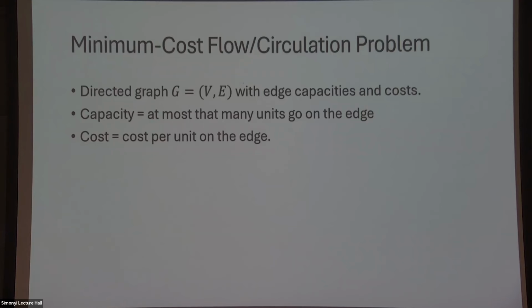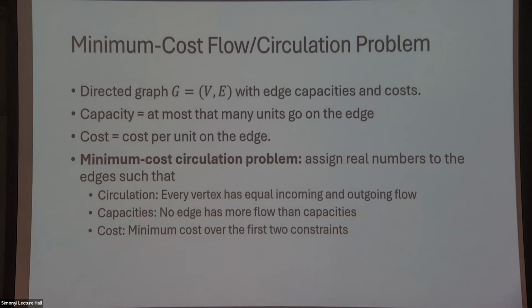Once again, you have a directed graph, and I'll explain what a minimum cost circulation is. Every edge has a capacity, the total amount it can support, and a cost, which is the amount it costs to put one unit. The minimum cost circulation problem asks to find a circulation in the graph satisfying the following properties.